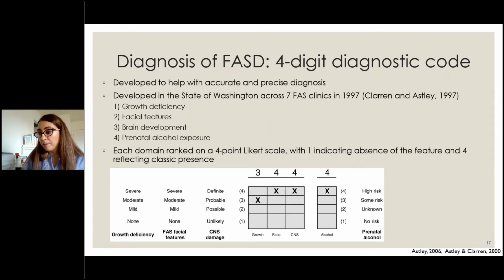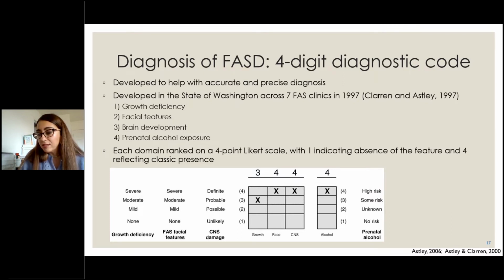So this is also known as the 4-digit diagnostic code. It uses 4 key common areas, and this is a very well accepted diagnostic system. It ranks these 4 areas that I'll be talking about on a 4-point Likert scale. Okay, so the 4 areas are not any different than what we talked about for the Institute of Medicine criteria, which is the growth deficiencies, facial features, brain development, which is the same as the central nervous system issues, and then the prenatal alcohol exposure.